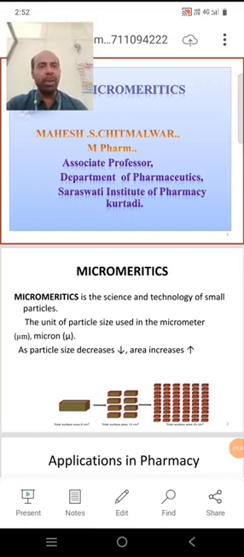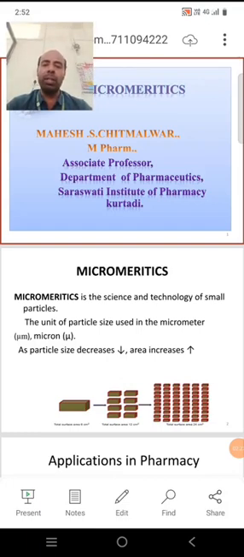These APIs and raw materials are micronized particles. So the measurement of these particles is necessary for the preparation of a number of dosage forms such as ointment, tablet, liquid, ORS. So Micromeritics is the science and technology of small particles.